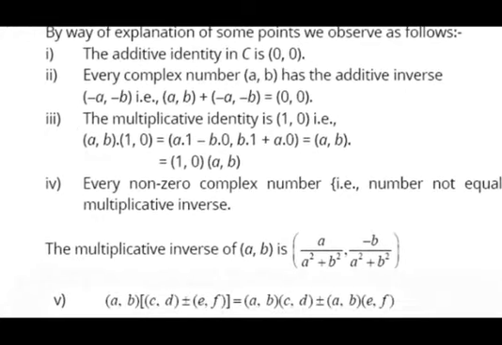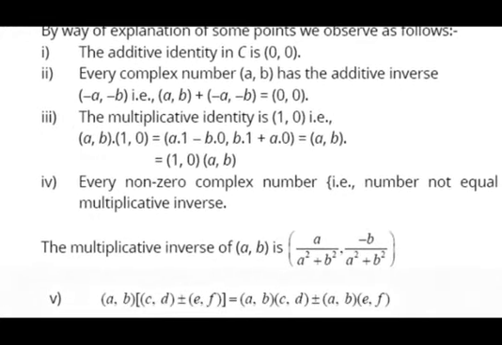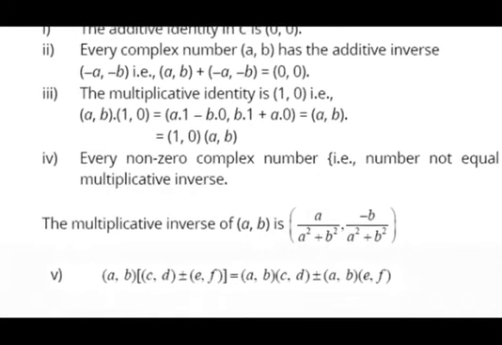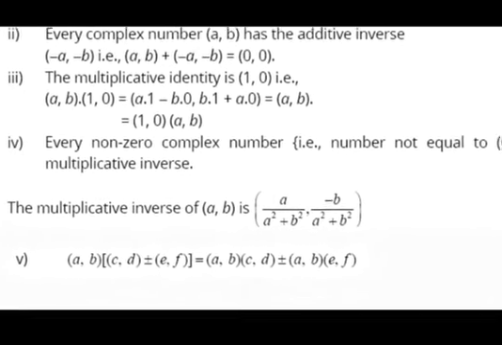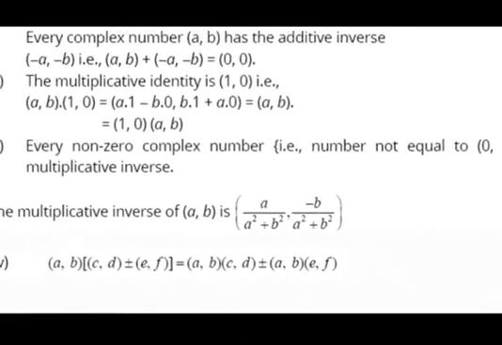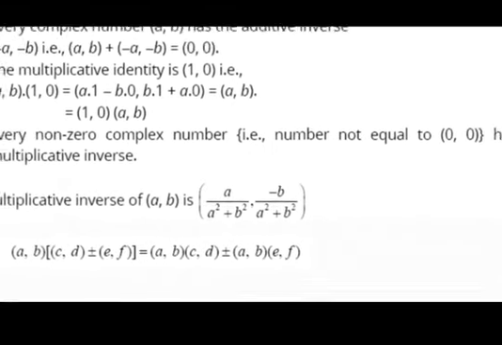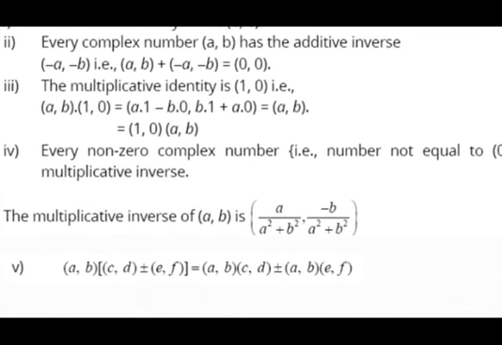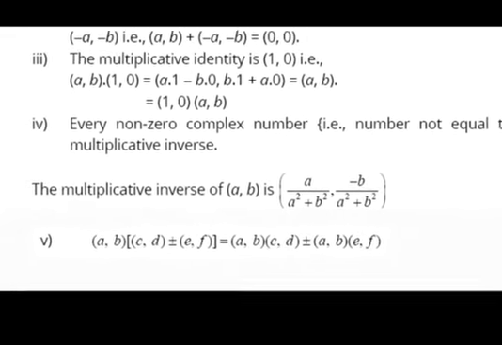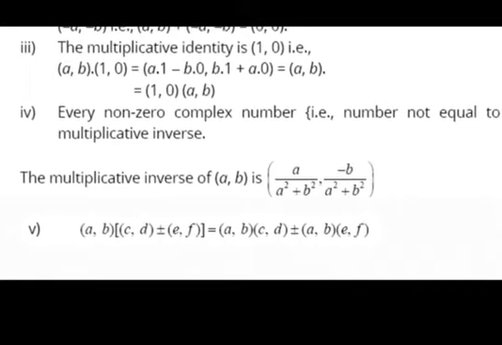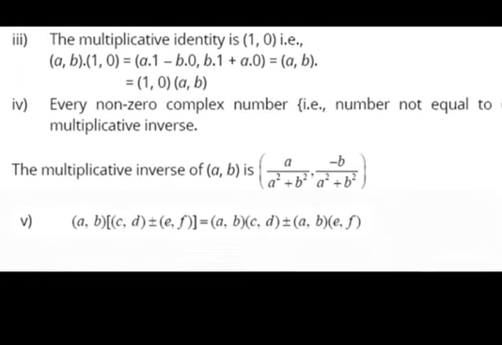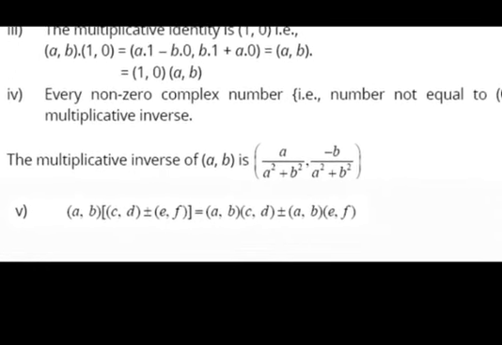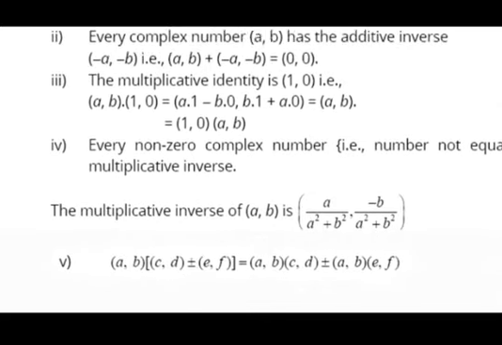The multiplicative identity is 1, 0, and every non-zero complex number has a multiplicative inverse. The multiplicative inverse of a, b is a over a square plus b square, minus b over a square plus b square. We derive it in the exercise.